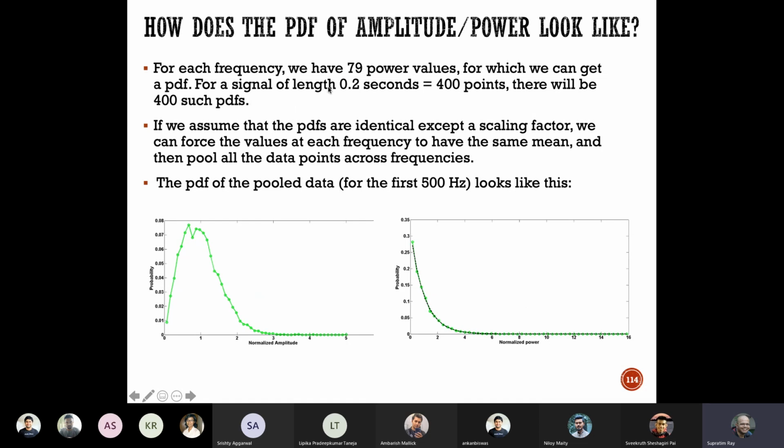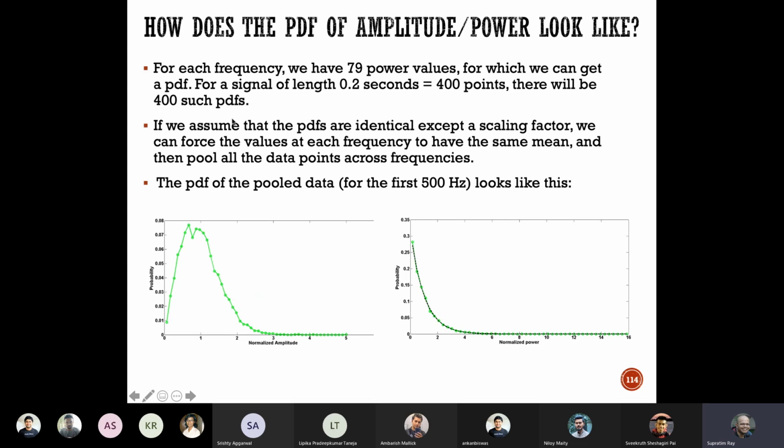If I have a signal of length 0.2 seconds, which gives me 400 data points, I'll get 400 frequency values, because the FFT will also have 400 points. So I can get 400 such PDFs. And if I assume that they are identical except a scaling factor, I can just force them so that they have the same mean.